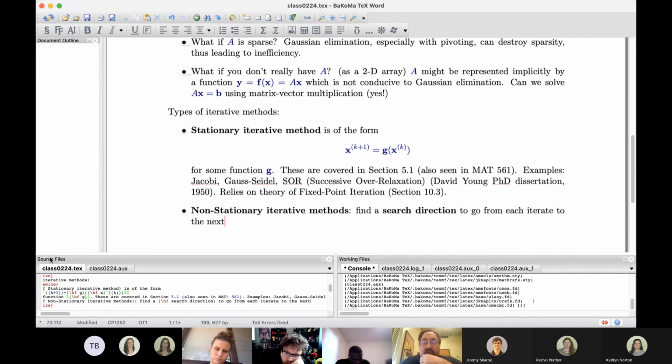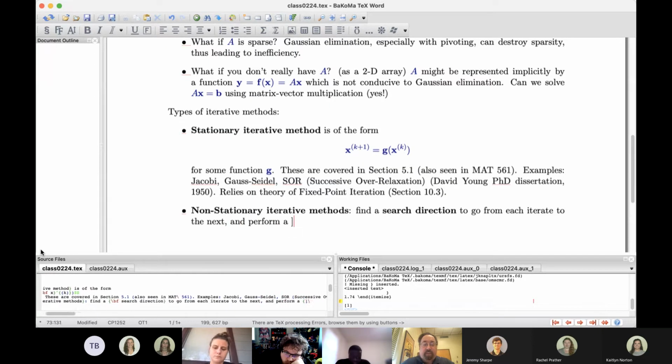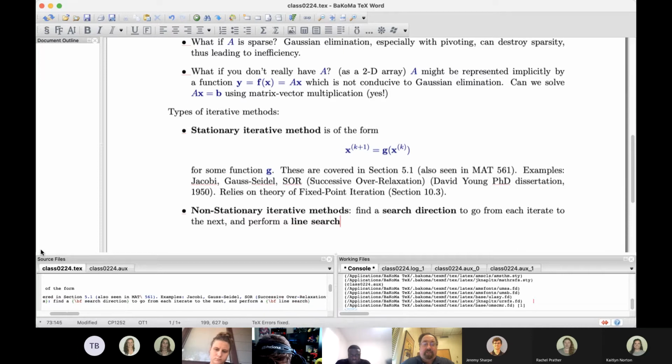And there are different criteria for what constitutes some sort of ideal direction. Now, once you have a direction, how far do you go in that direction? That's where line search comes in, and I'll illustrate it with the method I'm going to show you today.